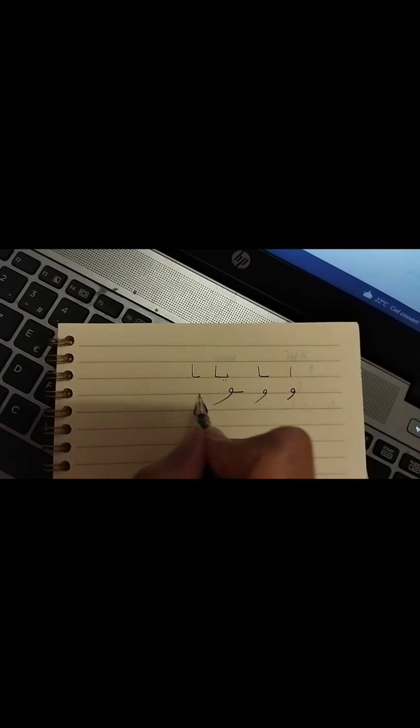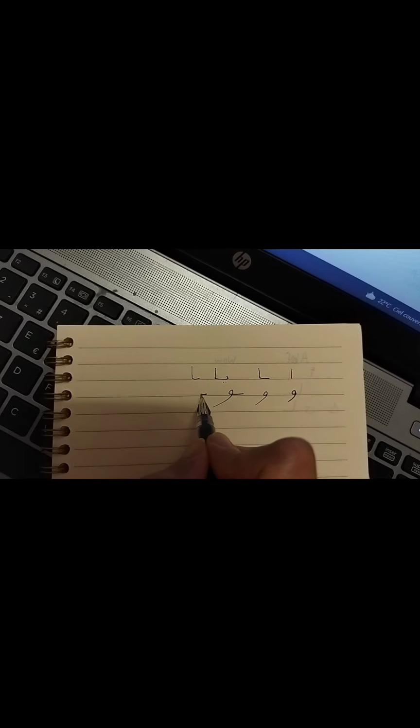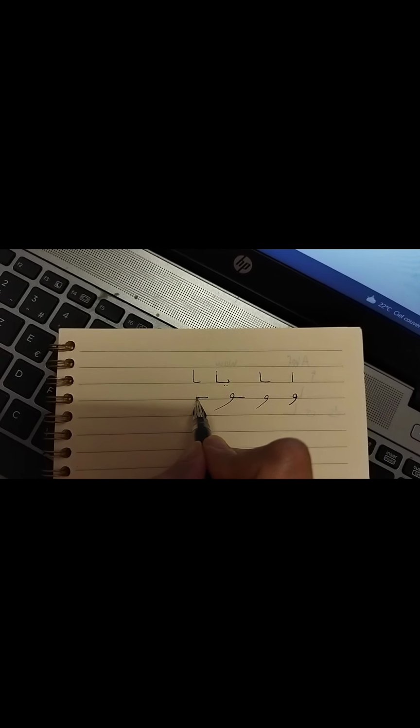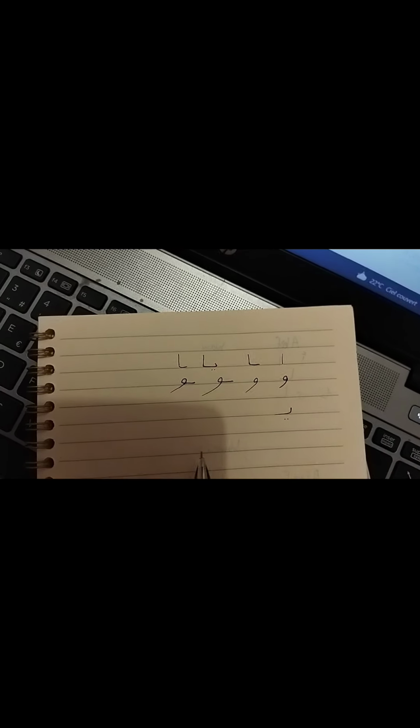In the middle or at the end, extend the line. It's the same thing, you have a line, you draw the circle, you extend the line. For Ya, you start like that and you add 2 dots.